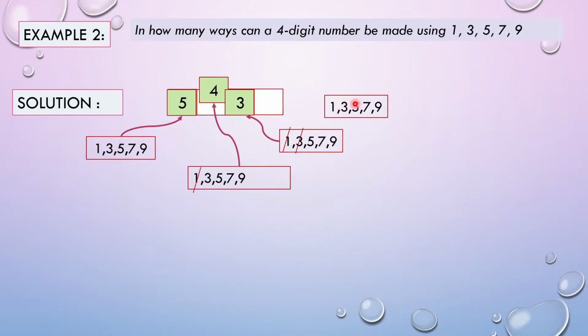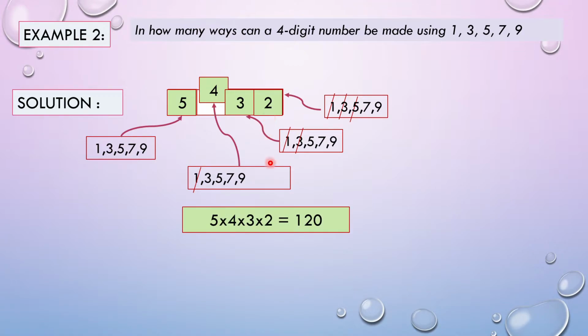For the last box we have already used 3 digits, therefore only 2 are left. So the number of arrangements can be obtained by multiplying all these numbers. 5 times 4 times 3 times 2 equals 120.